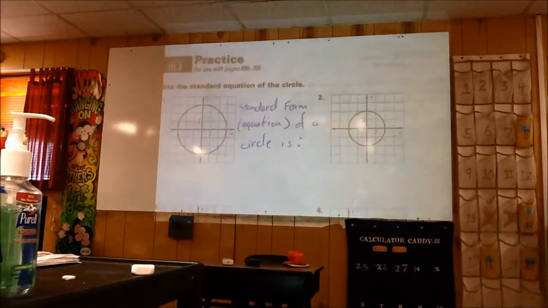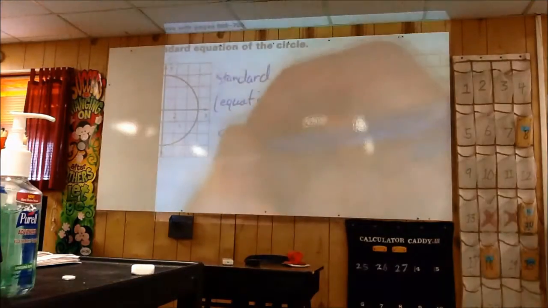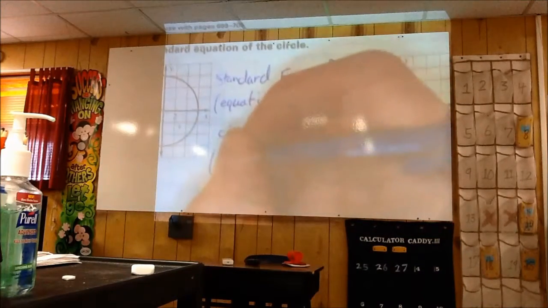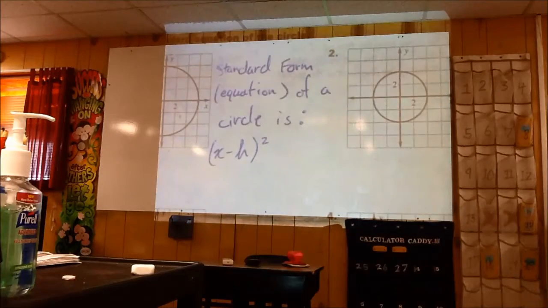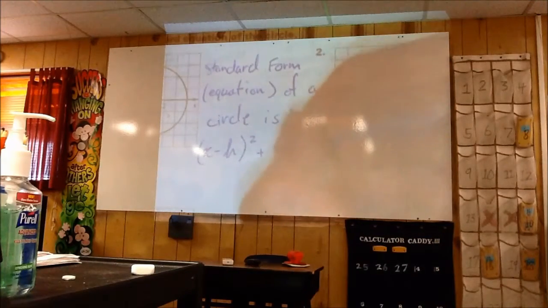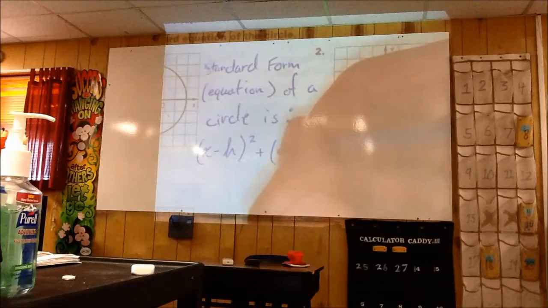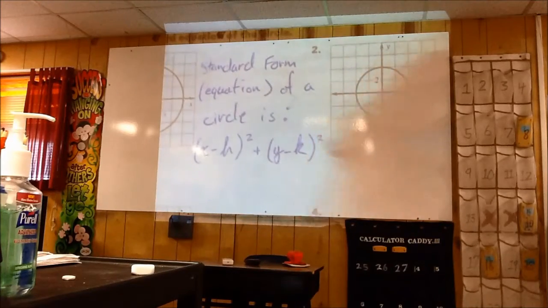Standard form, and we're talking about the equation of a circle, is, in a set of parentheses, the quantity x minus h, and I'm trying to make my variables in cursive script, plus, in another set of parentheses, the quantity y minus k, quantity squared.